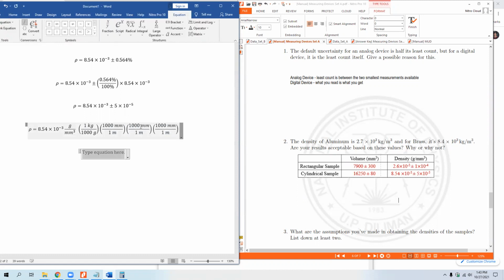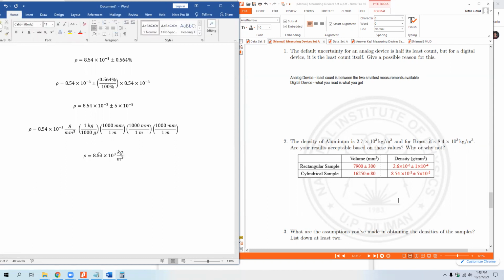So this is basically 1,000 times 1,000 times 1,000, which cancels. So to get the value in kg per cubic meter, you multiply your answers by 1 million. So we should actually get 8.54 times 10 to the 3 kilograms per cubic meter.